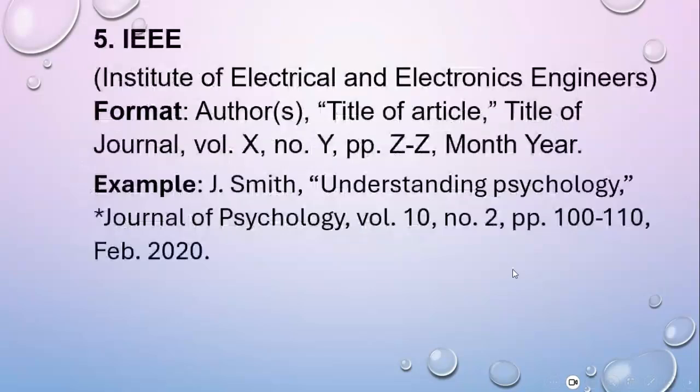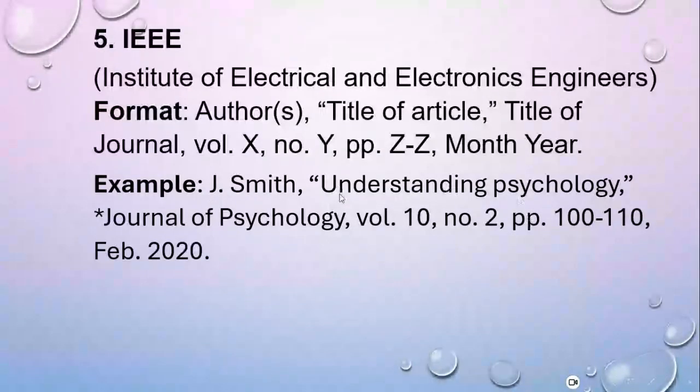It's a style. And also the Institute of Electrical and Electronics Engineers, IEEE. The format uses the authors, the title of the article, the title of the journal, volume, the page numbers, and then we write the month and the year, just like citing a journal: J. Smith, Understanding Psychology.